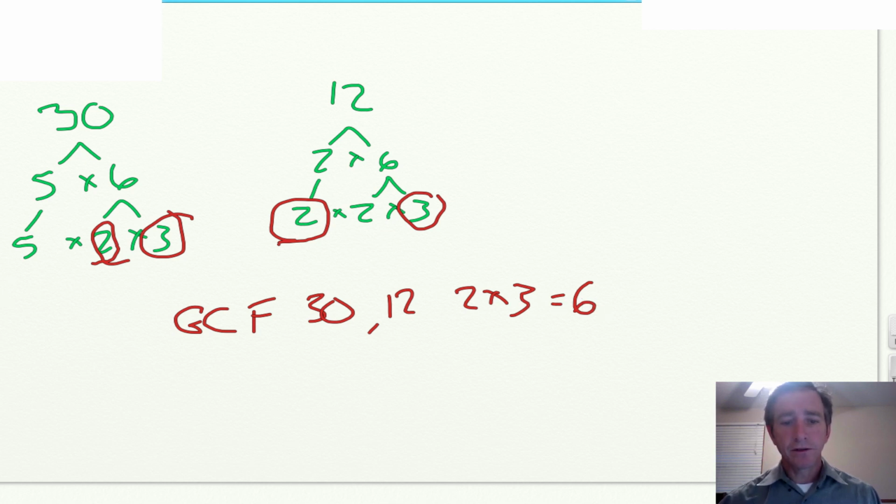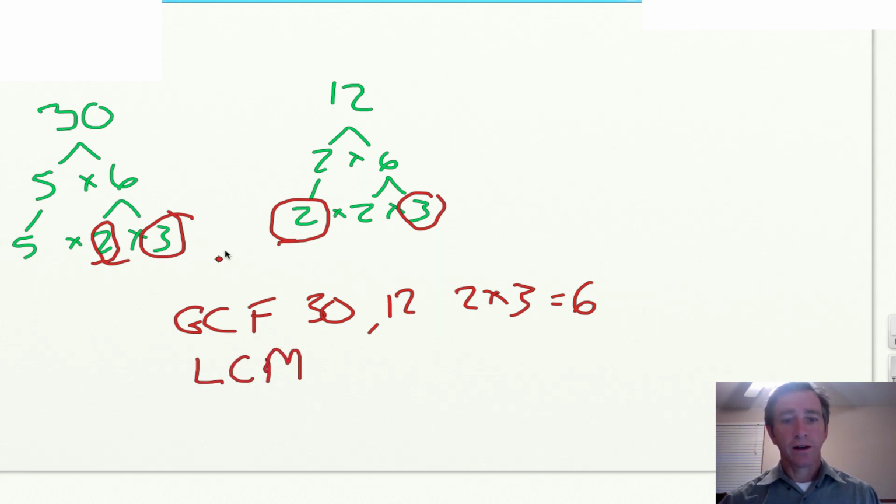The least common multiple is all of the factors that are here. So this time I'm going to use, okay, I have a 2.